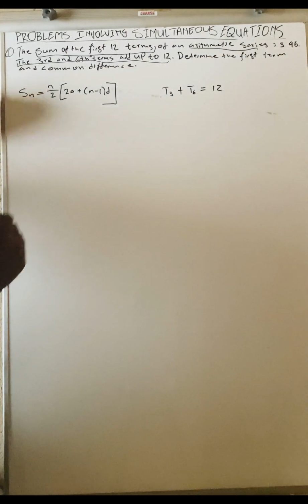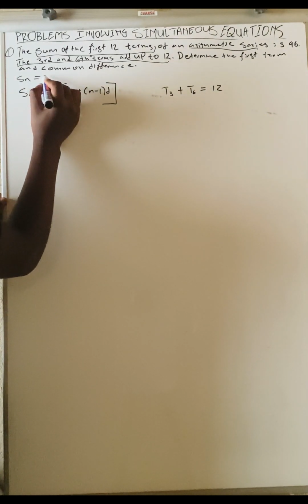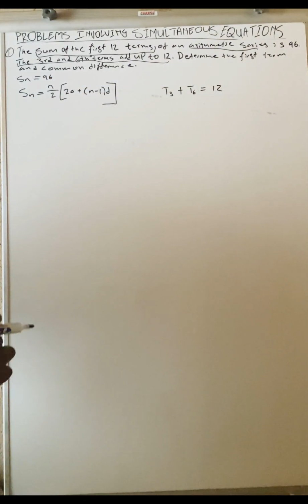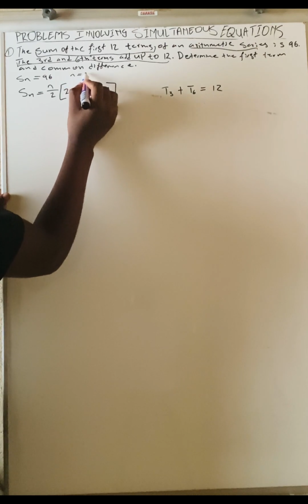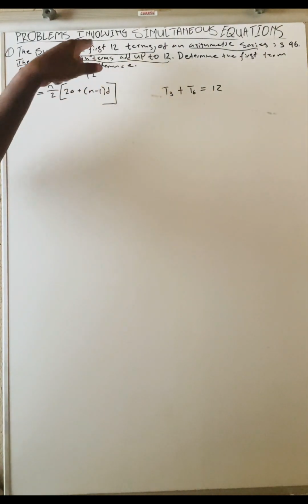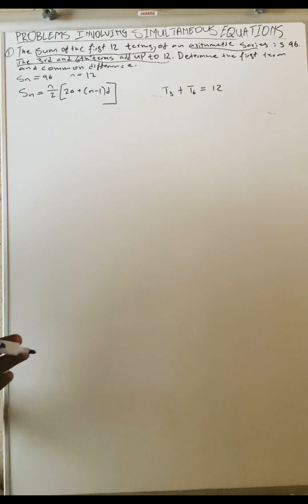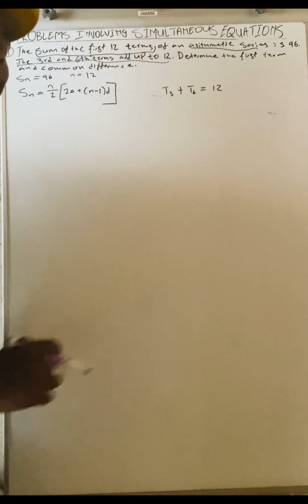It means Sn is equal to 96. Then what about n? n is equal to 12, because they said the sum of the first 12 terms of an arithmetic series is 96.